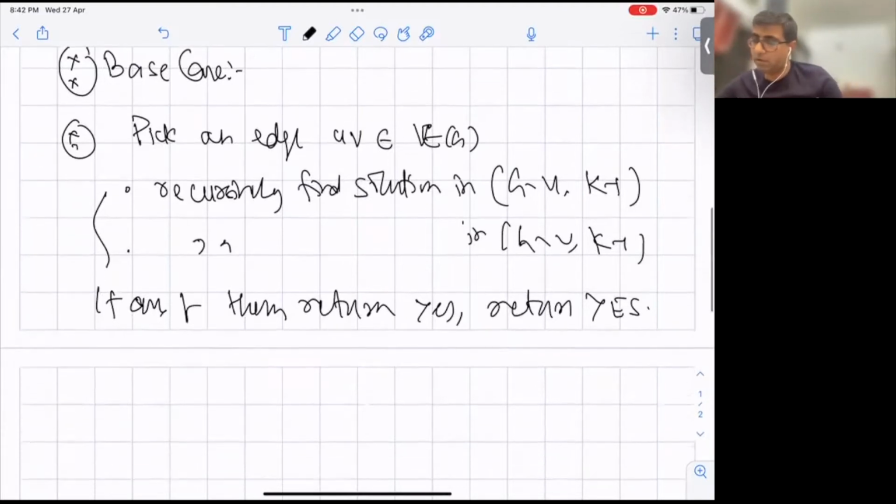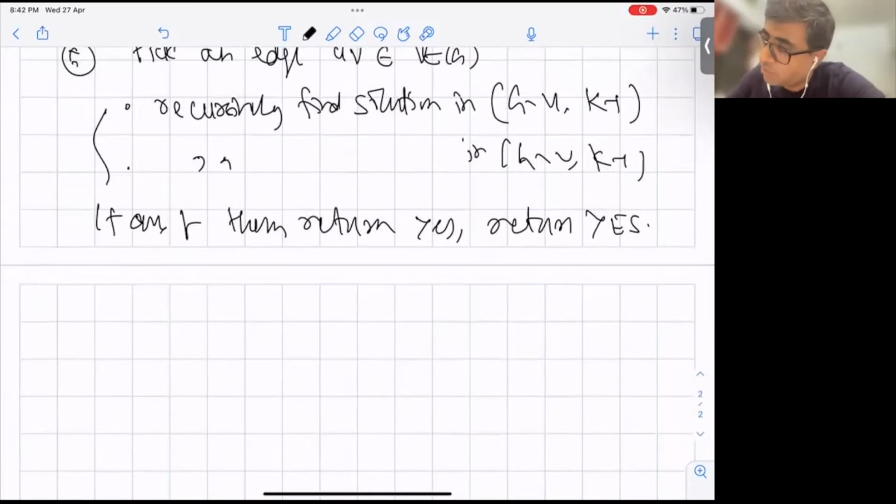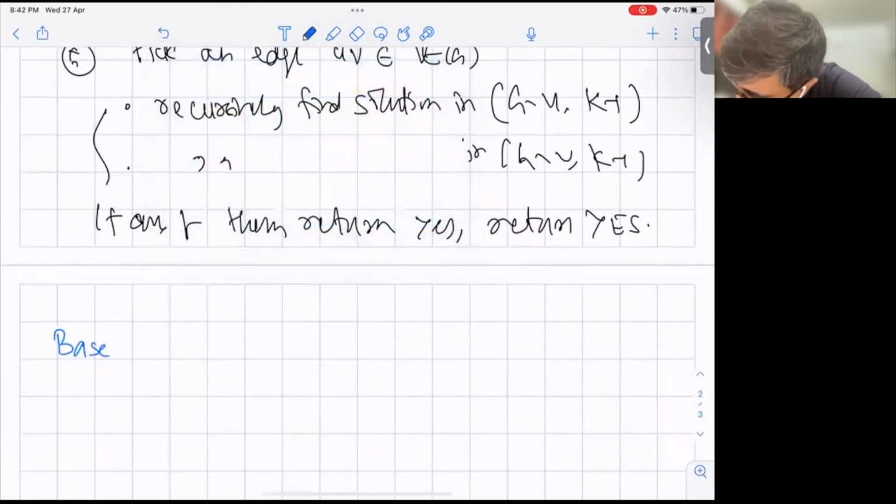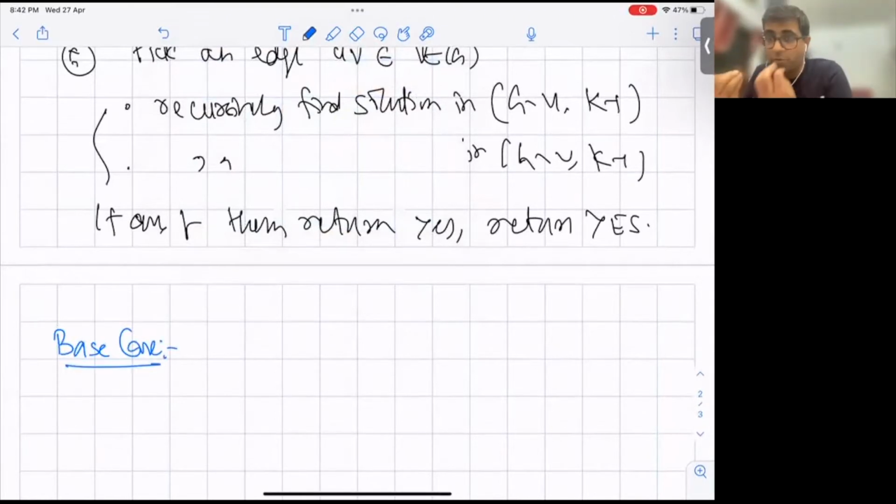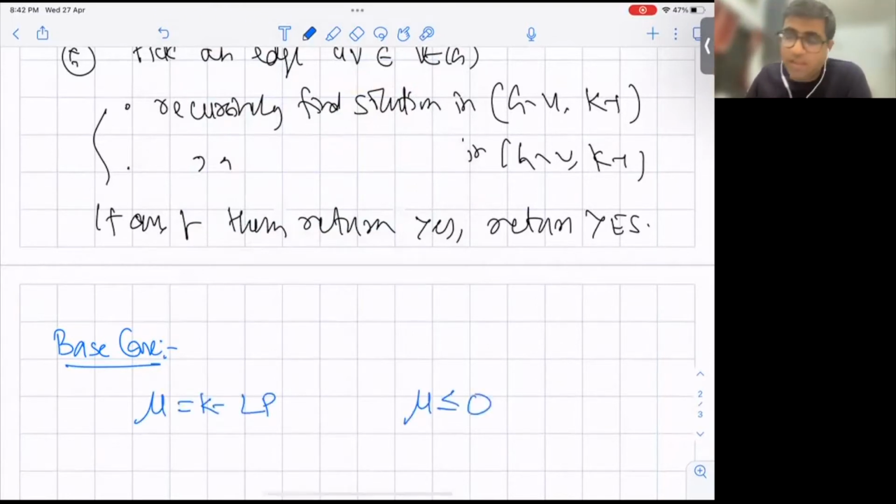So one thing to ensure was, what was our base case? Our base case is when our measure, which is K minus LP, call it mu, is less than or equal to 0.